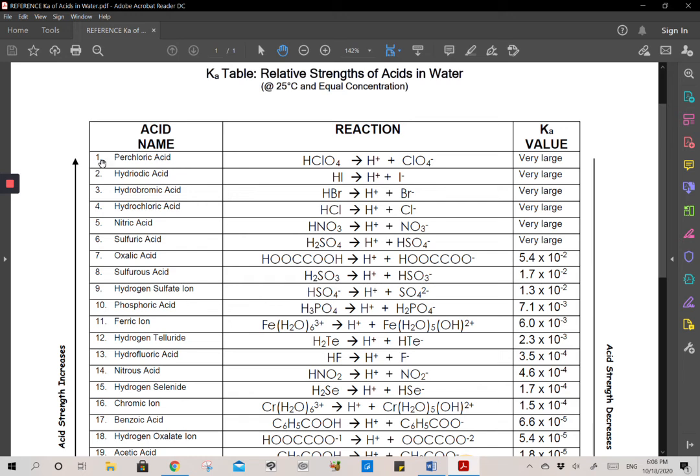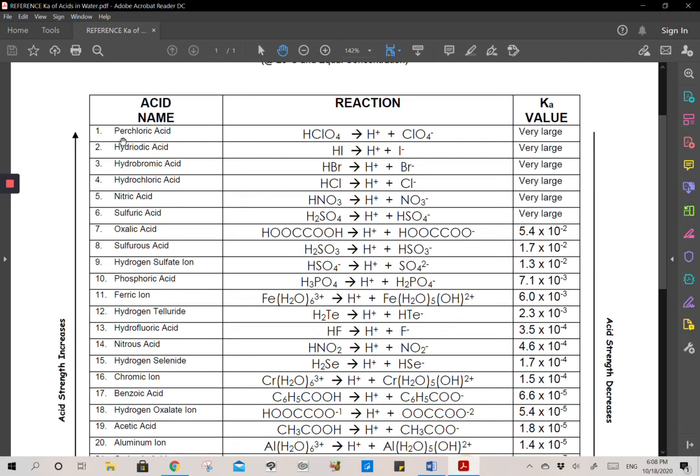The strongest acid that we know of is called perchloric acid, and if you scroll down until you start recognizing certain acids that we use in the lab, you won't find hydrochloric acid until number 4 here. So we have hydrochloric that we typically use. You don't use nitric acid as much, but we do use sulfuric. So acids 4 to 6 are pretty common in our lab, so they're quite strong.